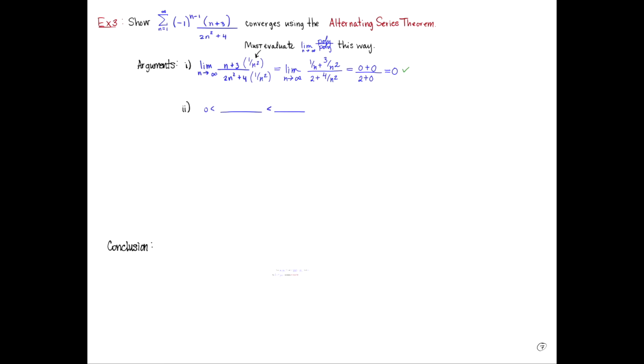So our b sub n plus 1, which is n plus 1 plus 3 over 2 times quantity n plus 1 squared, plus 4, is less than b sub n, which is n plus 3 over 2n squared plus 4.